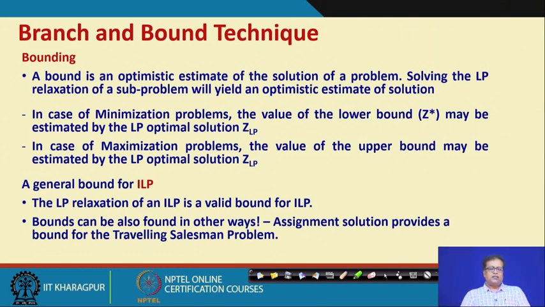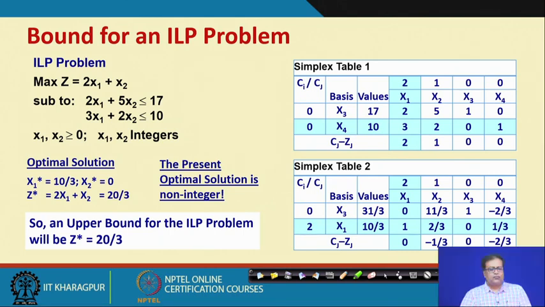So, LP relaxation of an ILP is a valid bound, and bounds can also be found in other ways, like an assignment solution provides a bound for the travelling salesman problem. Later on we shall see, if we are trying to find the travelling salesman problem solution, then we can solve an assignment problem and the solution we find can be used as a bound for the travelling salesman problem.